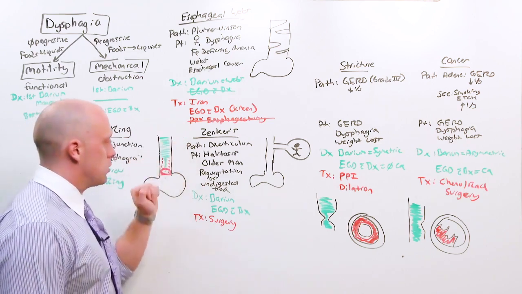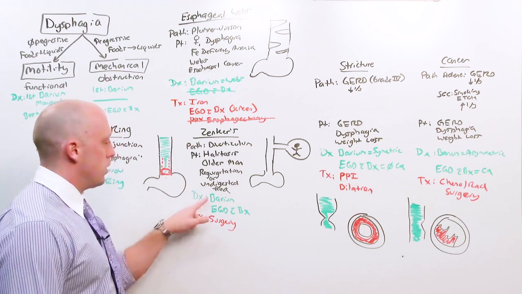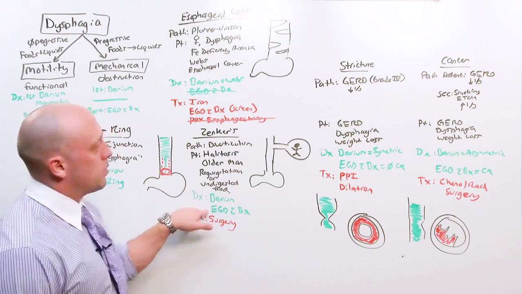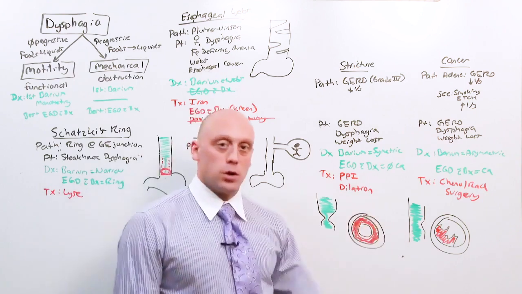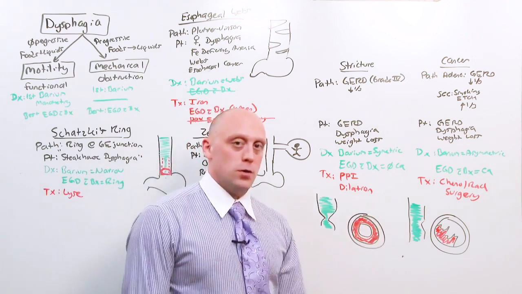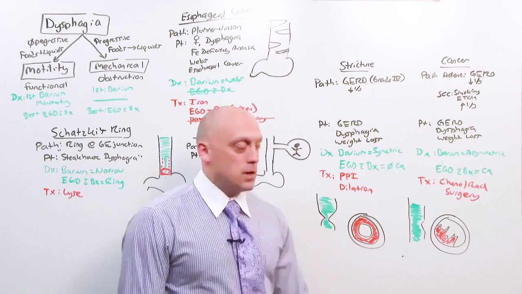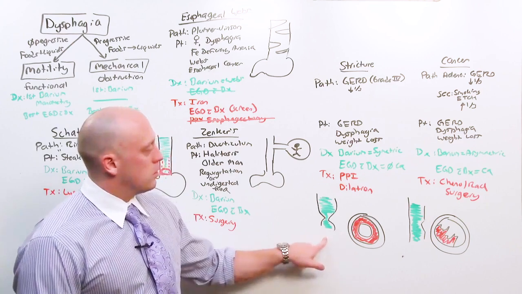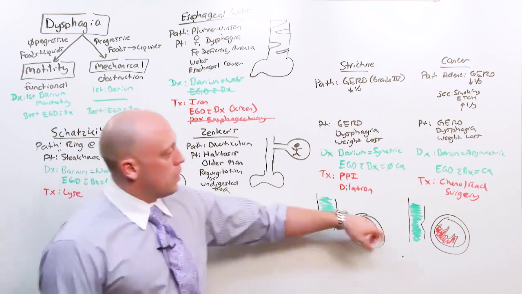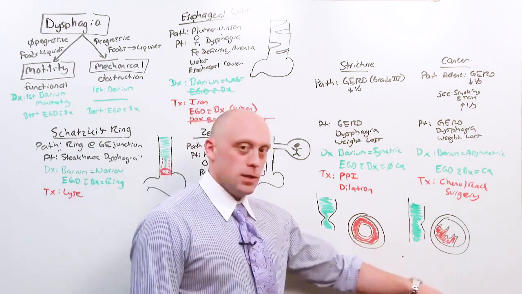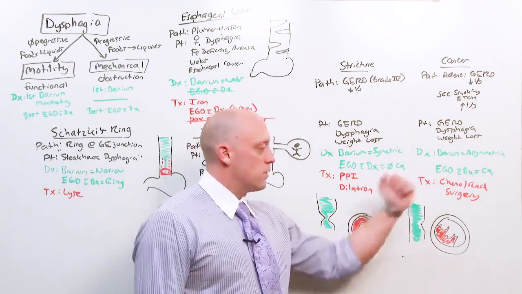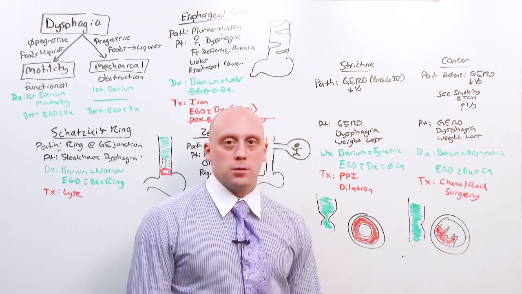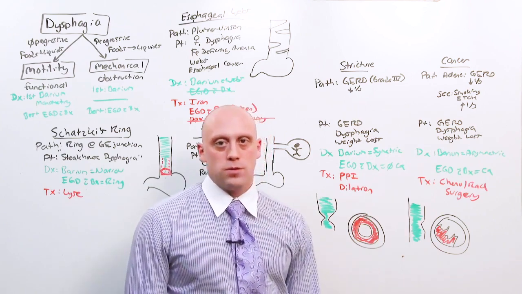Zenker's, old guy with halitosis, regurgitation of undigested food, barium and EGD, and then be able to compare stricture, grade 4 GERD, with adenocarcinoma, sequela of GERD. And the difference being the barium swallow showing symmetric luminal obstruction for the stricture, whereas cancer has asymmetric, and everything is diagnosed definitively based on endoscopy and biopsy. That's disorders of the esophagus.